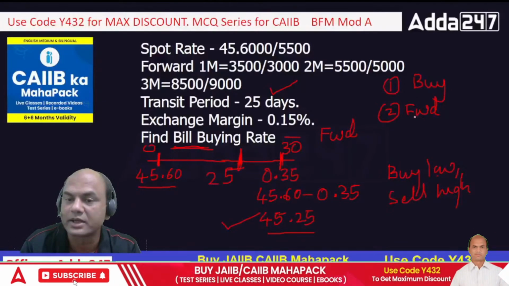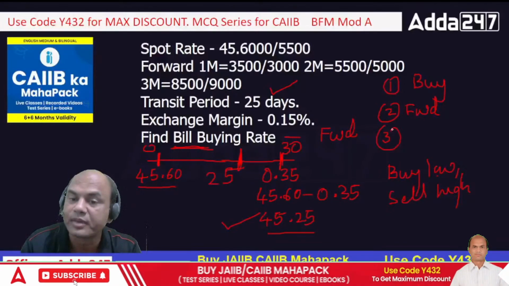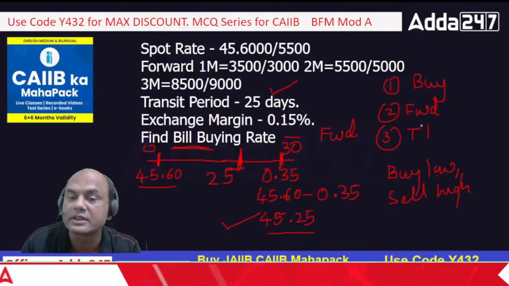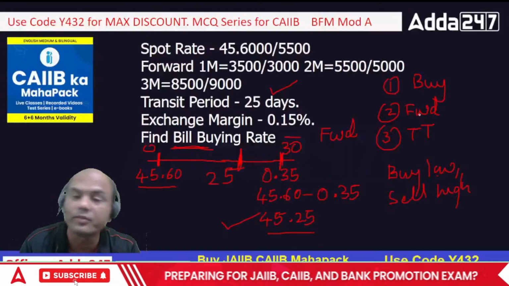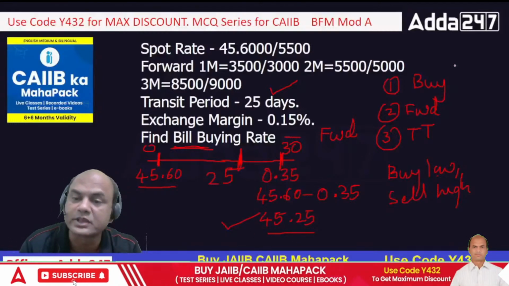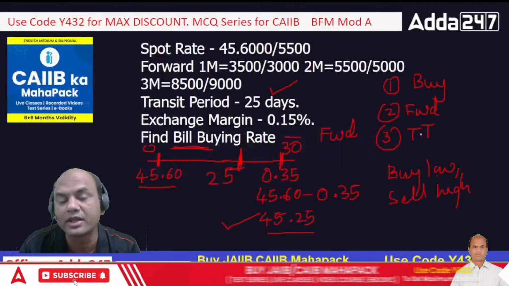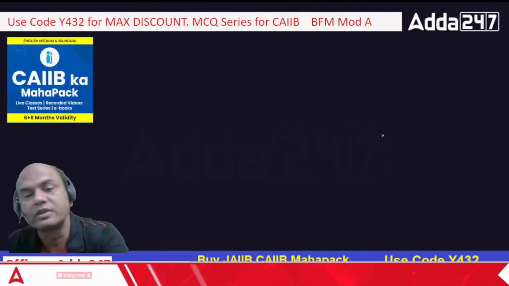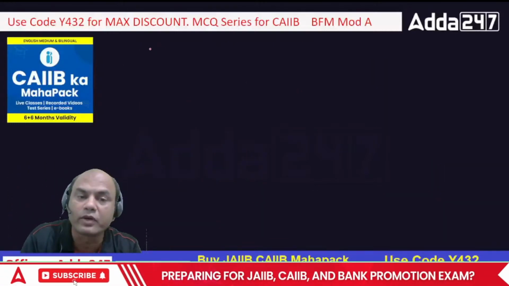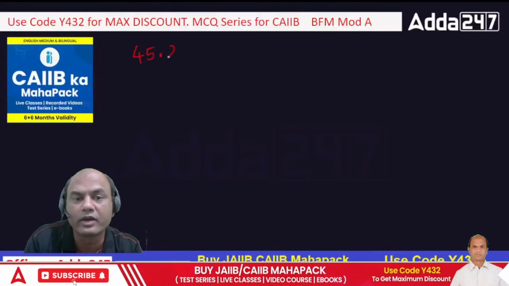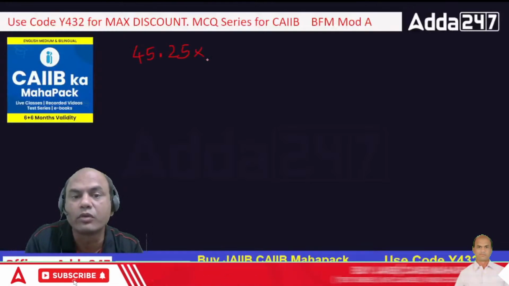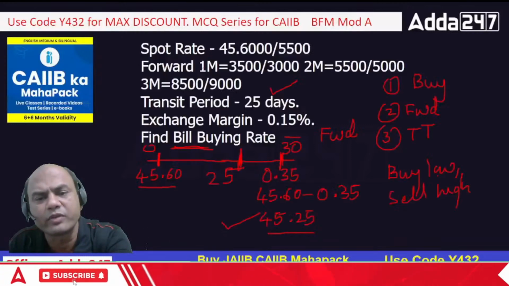But my answer is not over. The answer still needs the TT margin to be used. See, this exchange margin is given as 0.15. So I've got this up to step 2. Step 3 is remaining. So let's go. 45.25, this is my rate now. 45.25 into, what is the margin given? 0.15%.